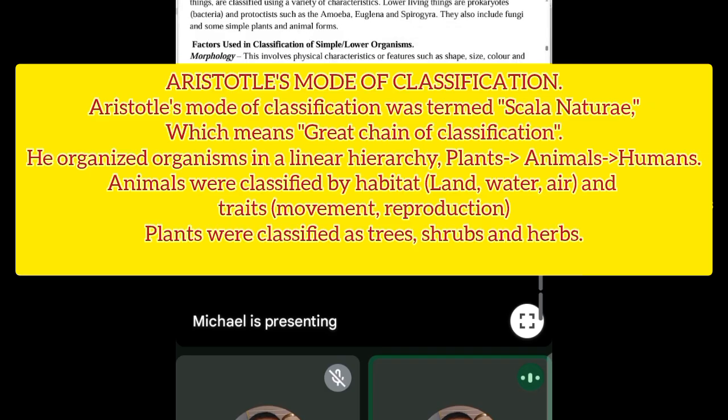Plants too were grouped basically based on whether you are a herbaceous plant or not, a shrub, that is a smaller tree, or a tree. So he tried to classify, but it was not into much detail. It was just a superficial way of classifying. For instance, when you look at your childhood pictures, or some movies we were watching in the 2000s, you look at the picture quality and the pixels.